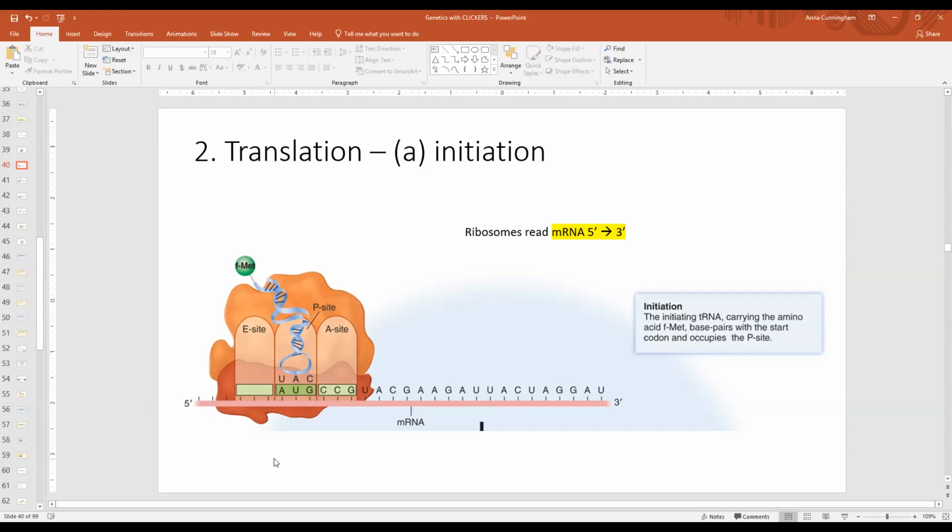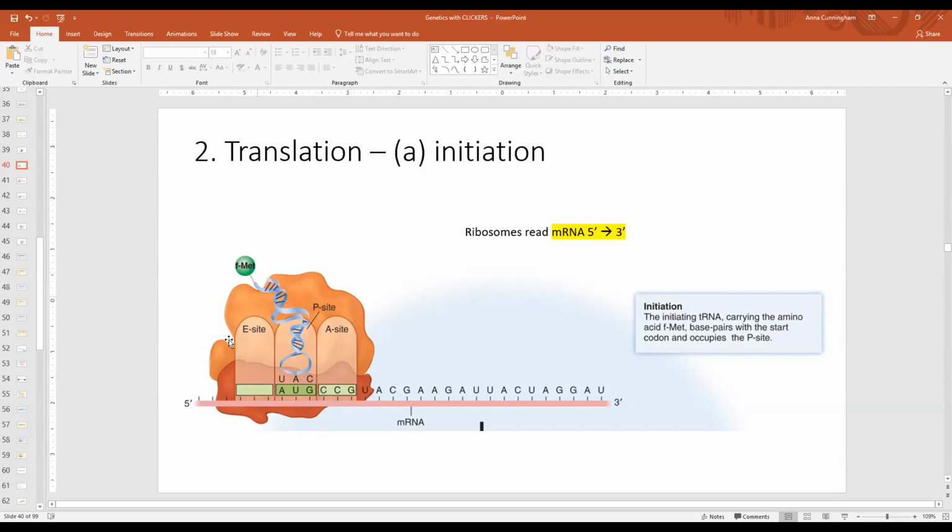But the one exception is the very first tRNA that enters the ribosome complex. Remember that tRNA is carrying methionine, because your start codon, which is shown in green, is always AUG, which codes for the amino acid methionine. So that's always going to be your first tRNA.